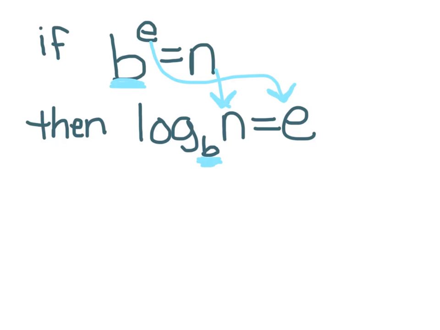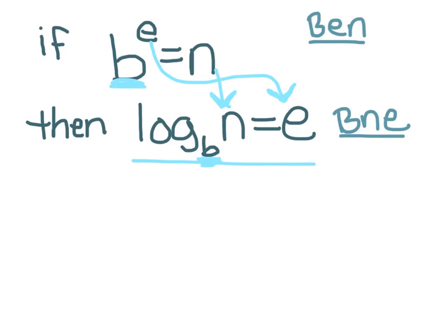See, b to the e equals n, Ben, and log base b of n equals e, Benny. If that helps you remember which is which, then use Ben and Benny. Either one is fine with me. Or, you know, come up with your own cute way of learning it. But you really have to know that log base b of n equals e.